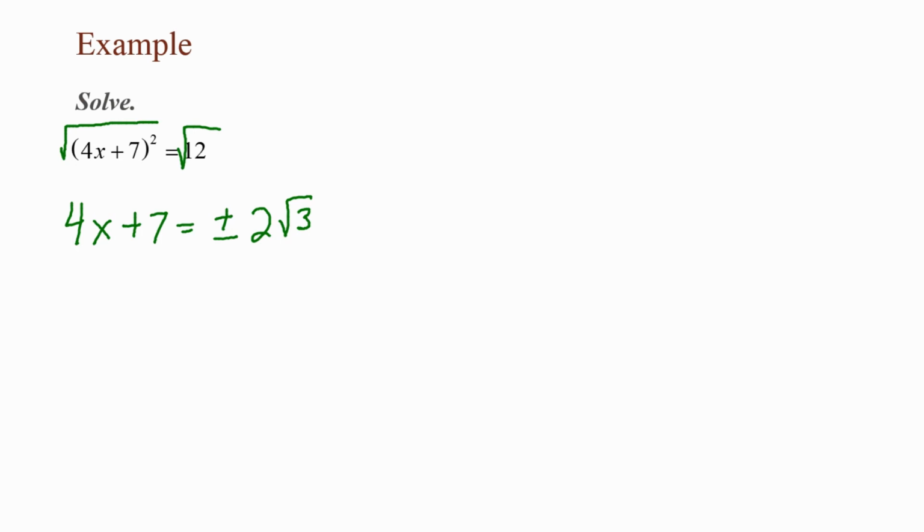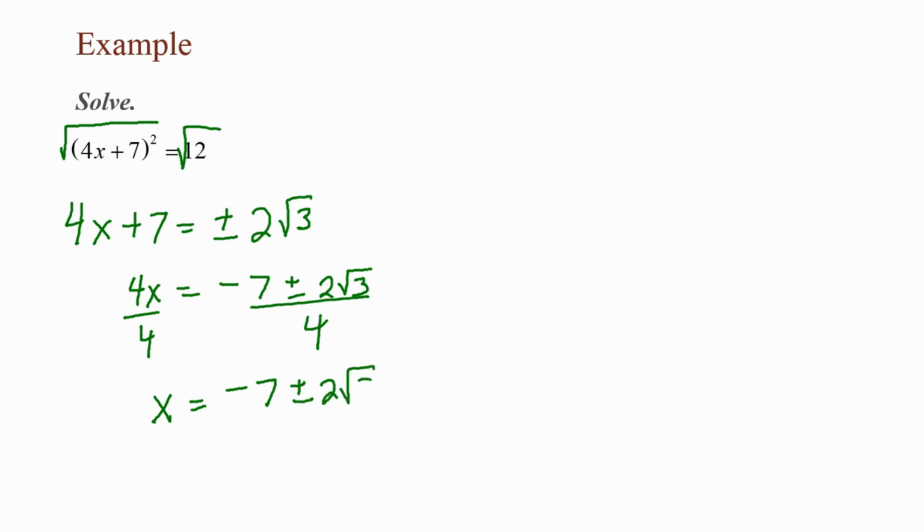Now I can subtract 7 from both sides. 4x equals negative 7 plus or minus 2 square root of 3. Then we divide both sides by 4. So my final answer is x equals negative 7 plus or minus 2 square root of 3, all divided by 4.